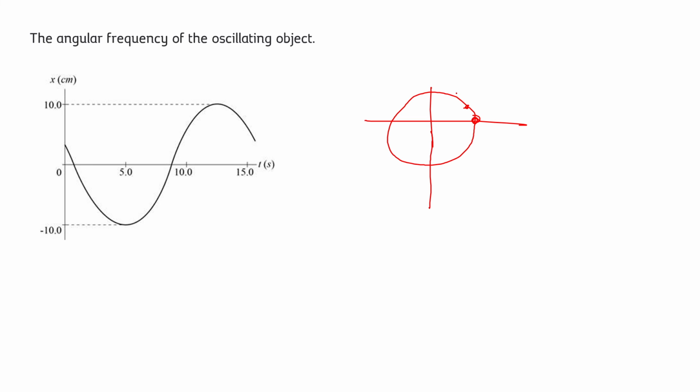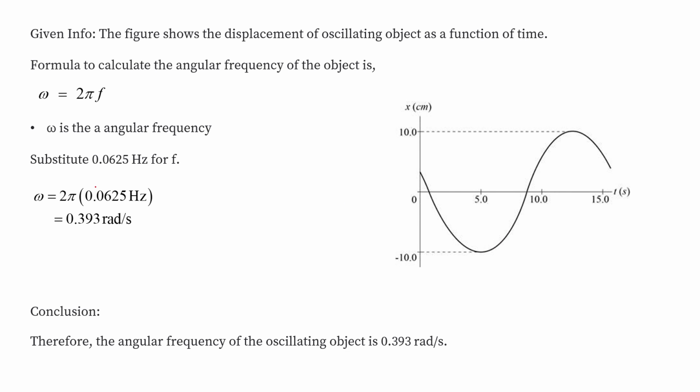The total angular displacement is 2 pi, divided by the time it took to complete one oscillation. So we can write it as 2 pi divided by T, and 1 by T is the frequency f. So omega equals 2 pi times f. As we substitute the values, the value of omega comes out to be 0.393 radians per second. Therefore, the angular frequency of oscillation of the object is 0.393 radians per second.